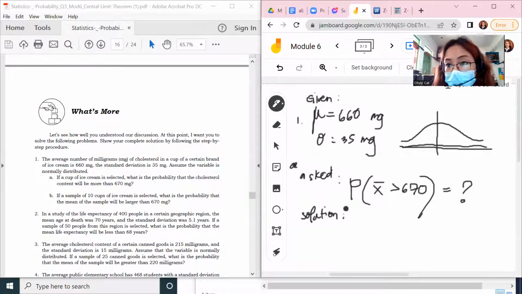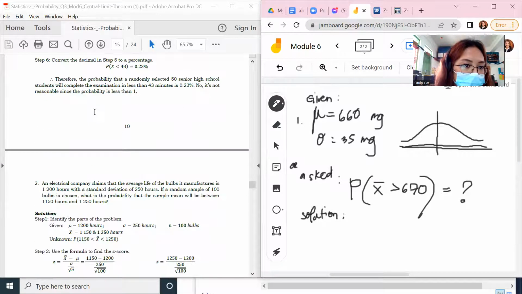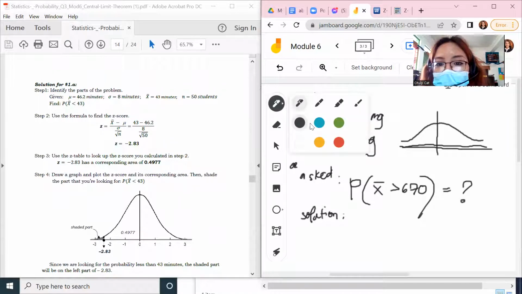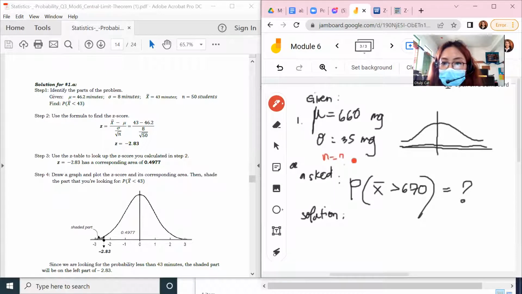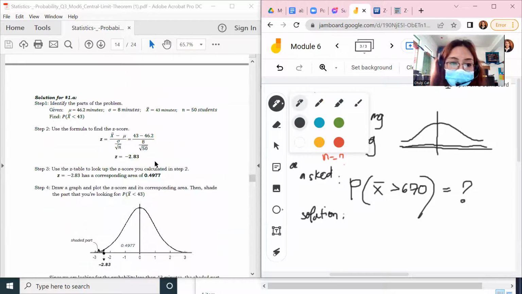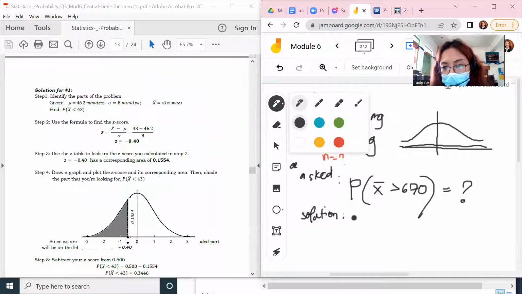Let's use the steps, okay? Let's follow the steps. Since we are not given an n, what formula do we use? We use the first formula, not the one we used earlier. This one.